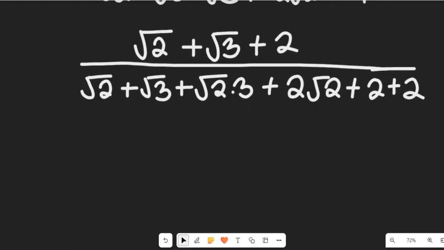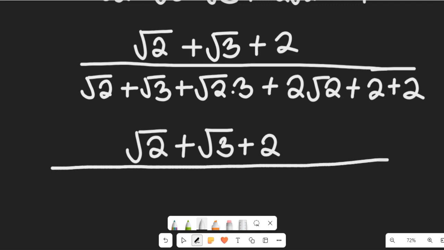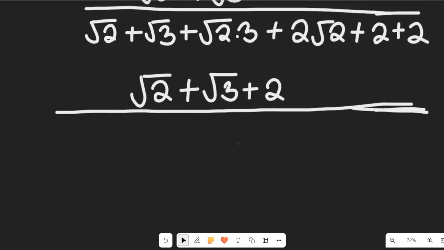Now, let's continue simplification. The numerator will have the square root of 2 plus the square root of 3 plus 2, and we'll now make the denominator the same as the numerator so that we can easily clear off some parameters.